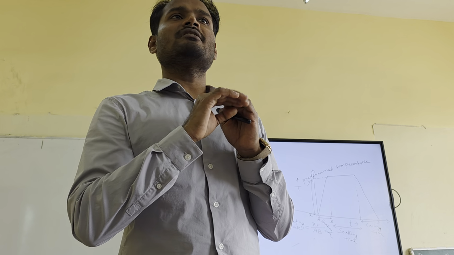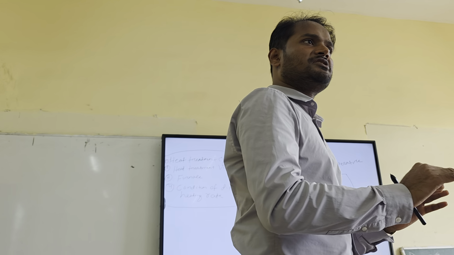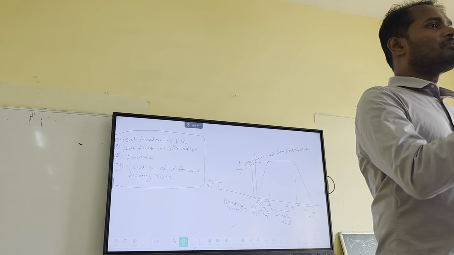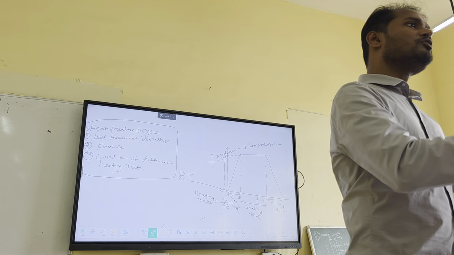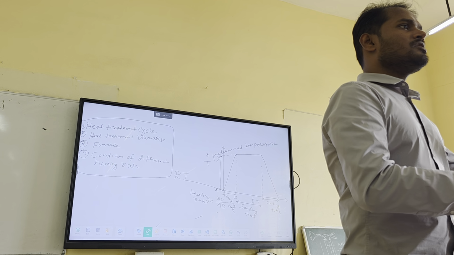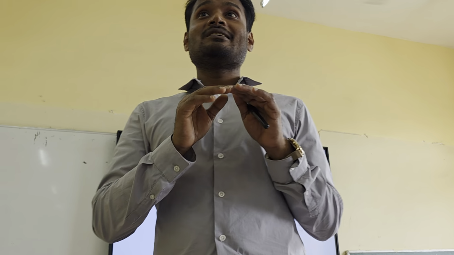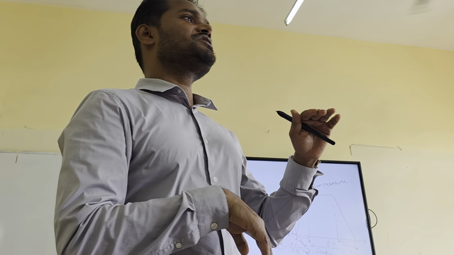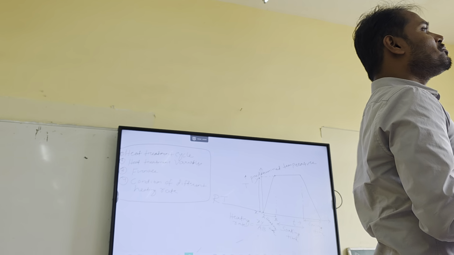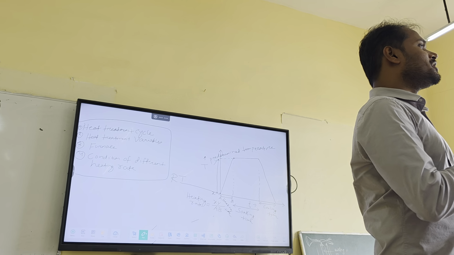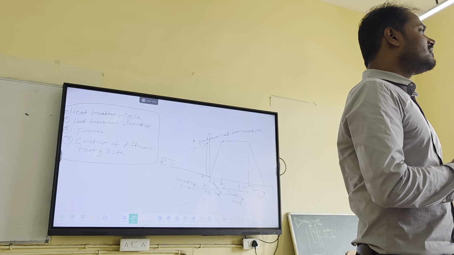Suppose the initial sample is at 25 degrees centigrade, room temperature. It will reach 35 after 1 minute. Again after 1 minute it will rise another 10 degrees, so 45. This way the temperature will rise, up to maybe around 400 degrees or maximum 500 degrees centigrade.